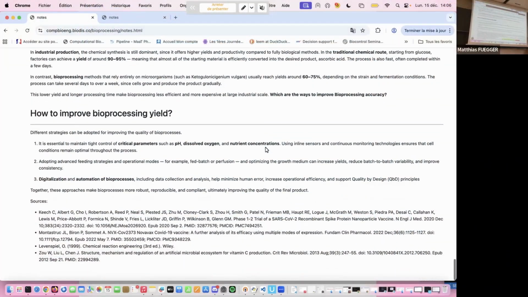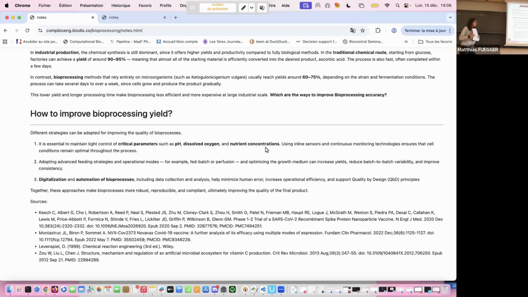So, this will be the last topic, the last part of this lecture: which are the steps that we can take to improve the yield, for example, in a bioprocess?